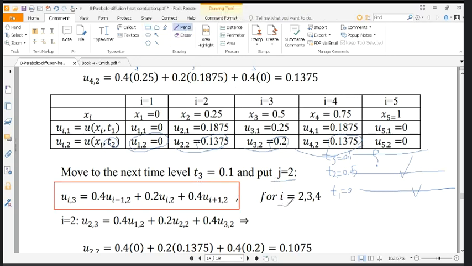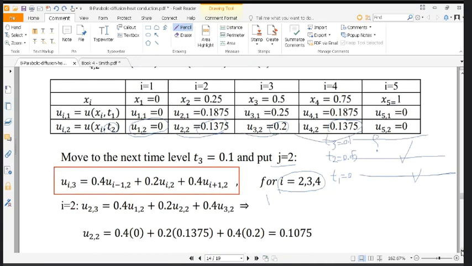Only for these three values of I you should use this formula, because for I equal to 1 and I equal to 5, based on the boundary condition, we have the value of u.